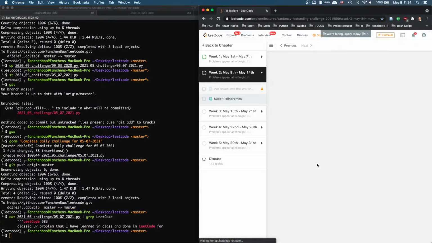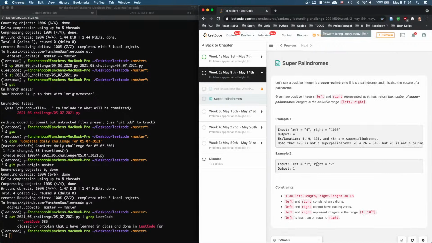Super palindromes. Let's say a positive integer is a super palindrome if it is a palindrome and it is also the square of a palindrome. Oh, interesting.